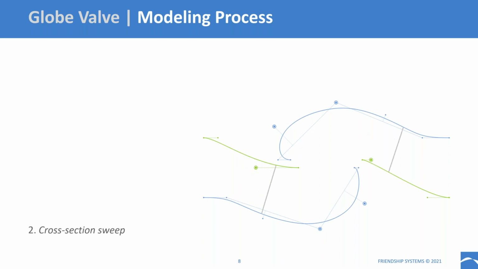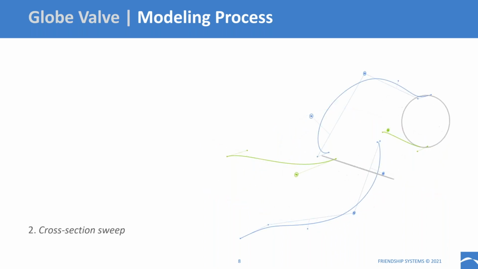And then in the next step, basically we take a cross section that we sweep along these contours, as you can see here in the side view or in perspective here. So we have a circular cross section, which can also be elliptical, controlled by an additional parameter.